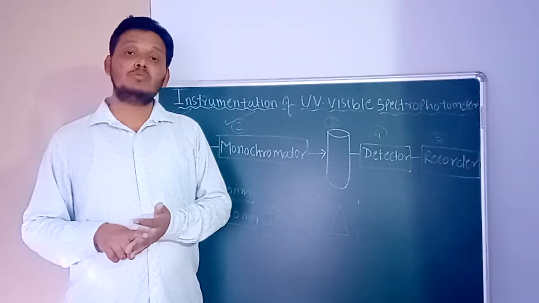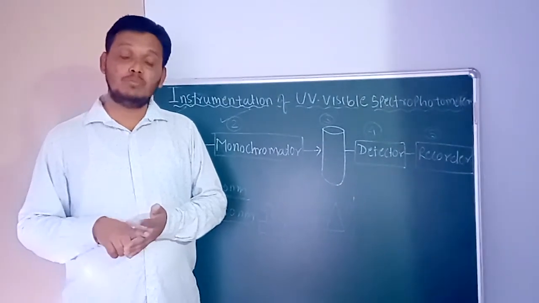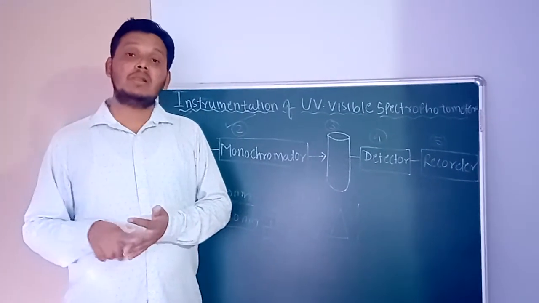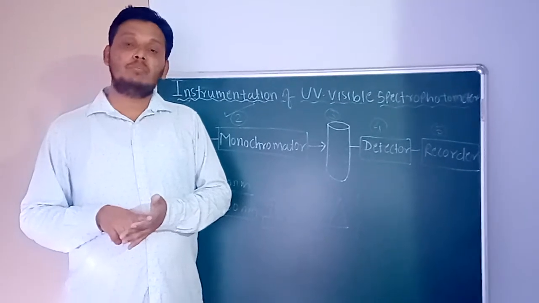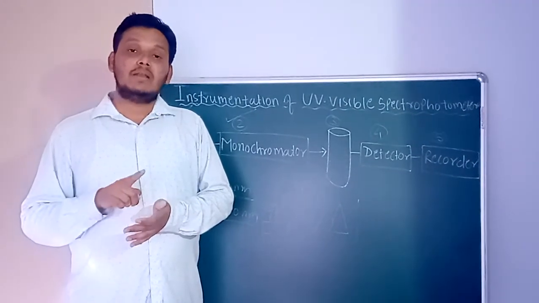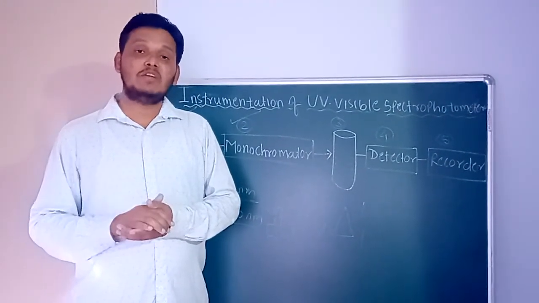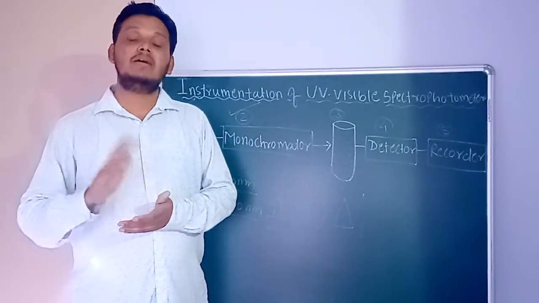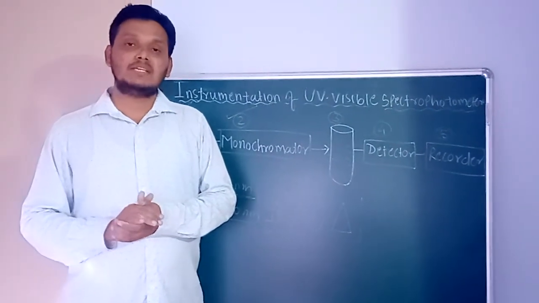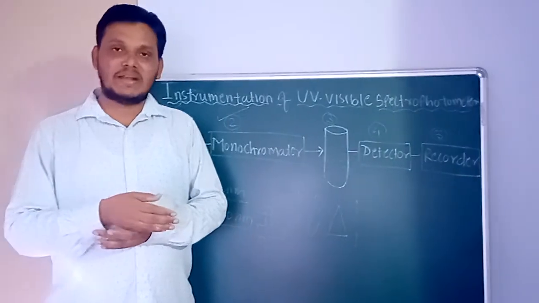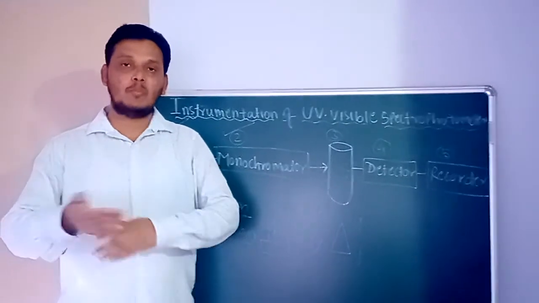It is also useful for the detection of impurities present in the sample, and detection of the chromophoric group present in the sample. Then it is useful for identification of cis and trans isomers. Cis means on the same side, and trans means at the opposite side.